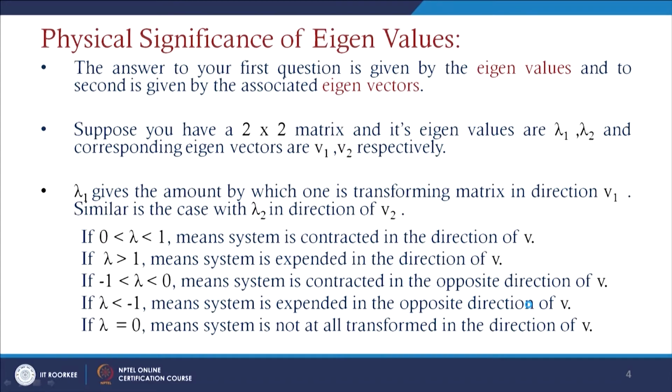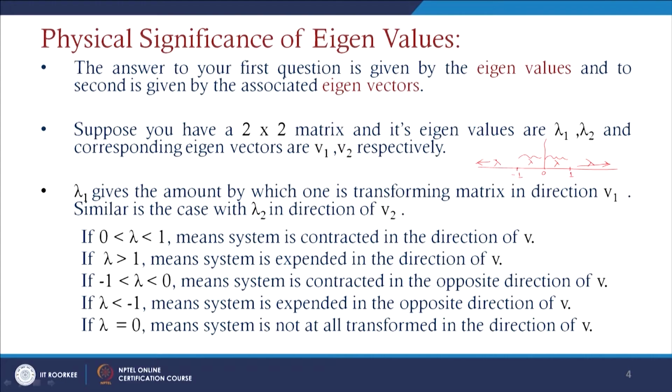If you define the axis here, with 1 here, then 0 here, then minus 1 here, we are considering lambda lying between these different ranges.